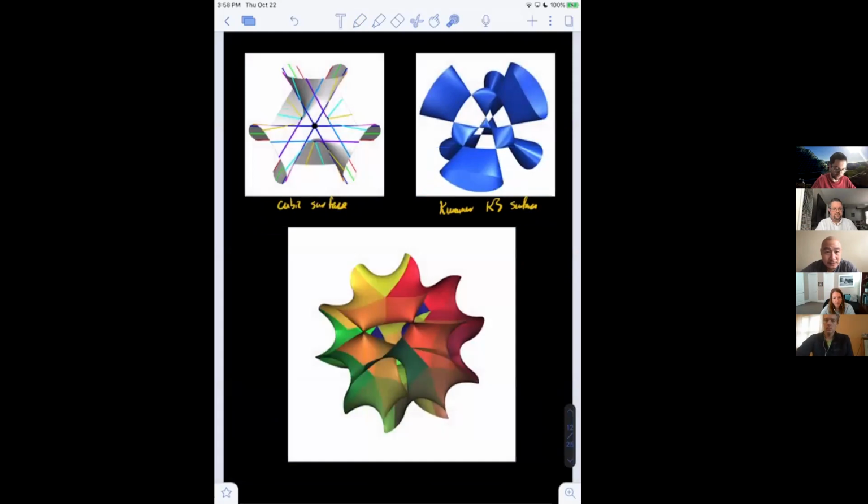This looks kind of like a quartic, the solutions to a quartic polynomial in 3 variables. And this one, if I remember correctly, is a quintic surface, the set of solutions to a homogeneous degree 5 polynomial in 3 variables. Okay, so these things are awesome, and let's talk about them a little bit.